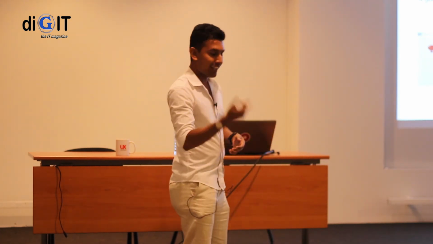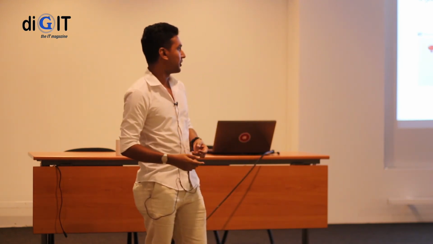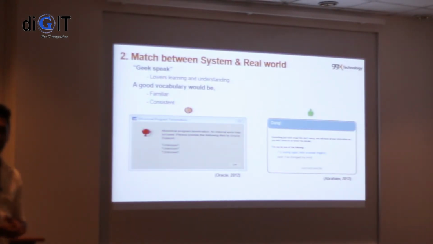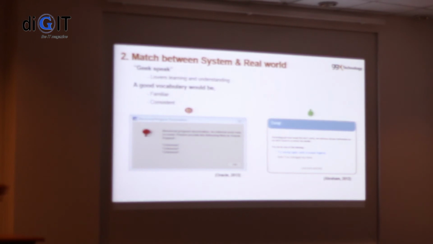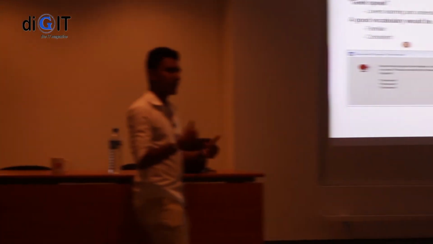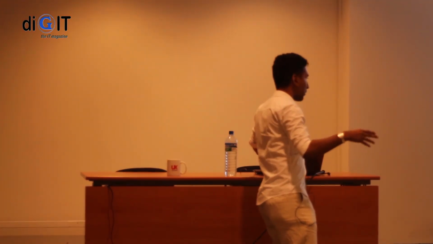So the ideal way to do this would be to make sure that the user understands what the error is, make sure that he is given an option to get out of this situation which he does not want to be in. And also if you want to give additional information, but we are too lazy to go into additional information. We just want to get out of problems.